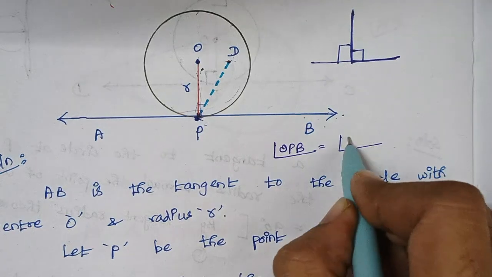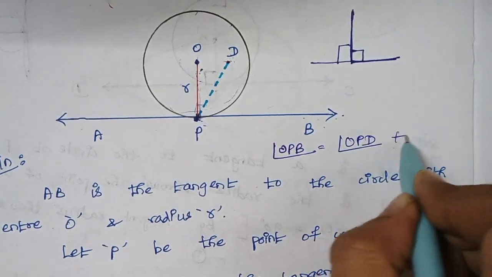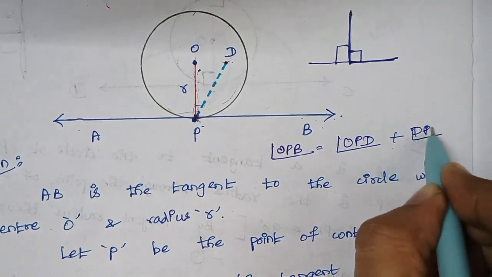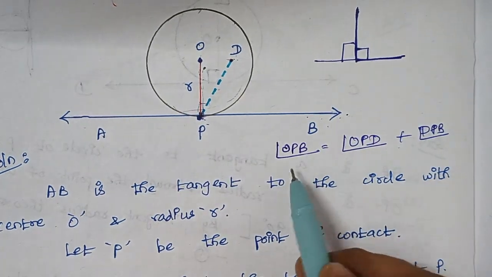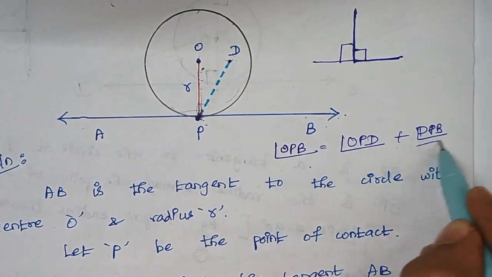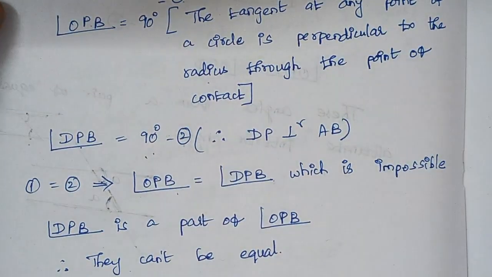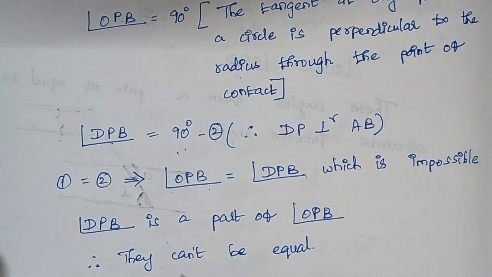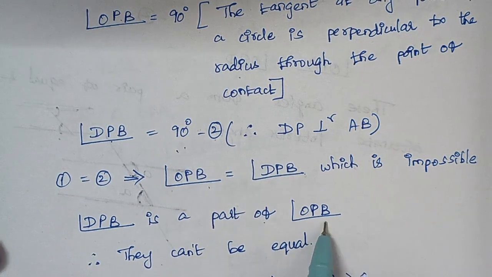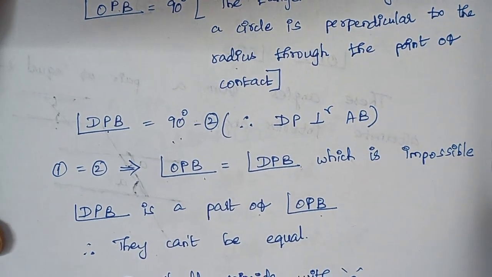OPB is nothing but OPD plus DPB. Then how can we tell OPB is equal to DPB? It's not at all possible. So finally we write that DPB is a part of OPB, therefore they can't be equal.